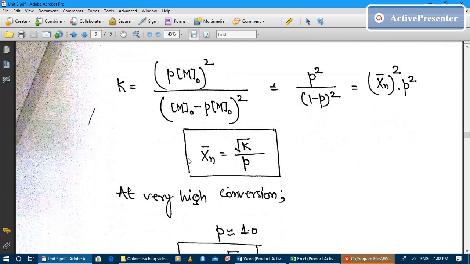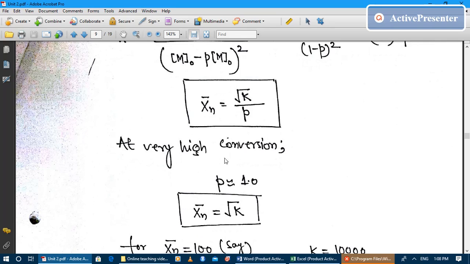So Xn bar, the number average degree of polymerization, will be equal to under root K, where K is the equilibrium rate constant, under root K times p. Okay, so this is another relationship for Xn bar relating the equilibrium constant and conversion.